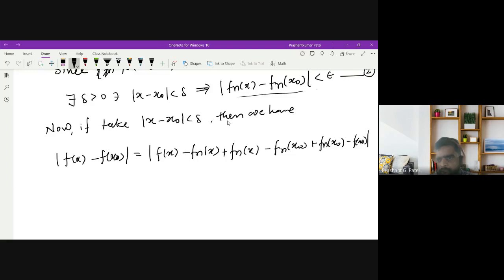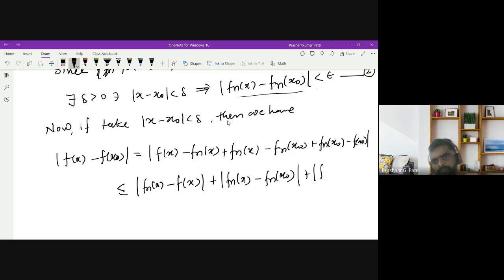So by the triangle inequality, we can say that |fn(x) − f(x)| + |fn(x) − fn(x0)| + |fn(x0) − f(x0)|.